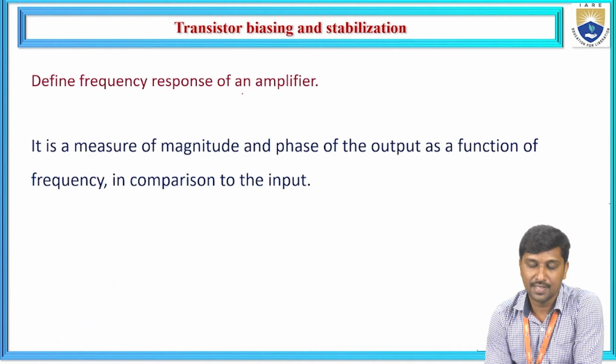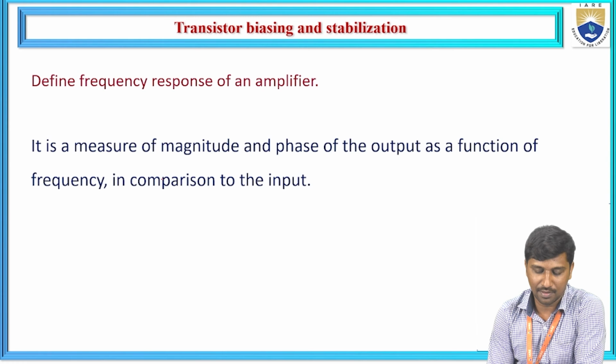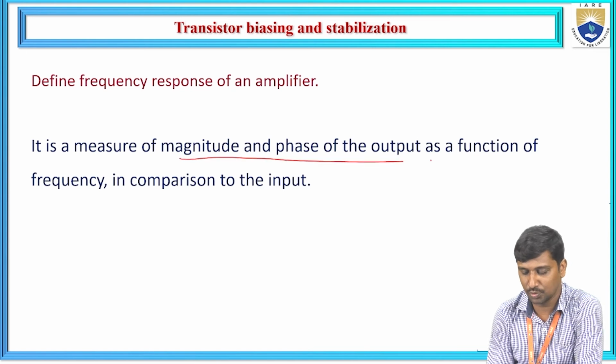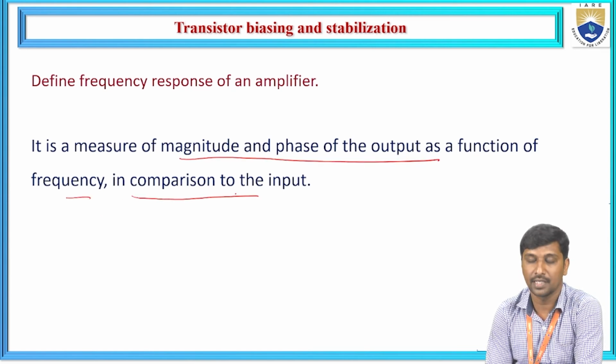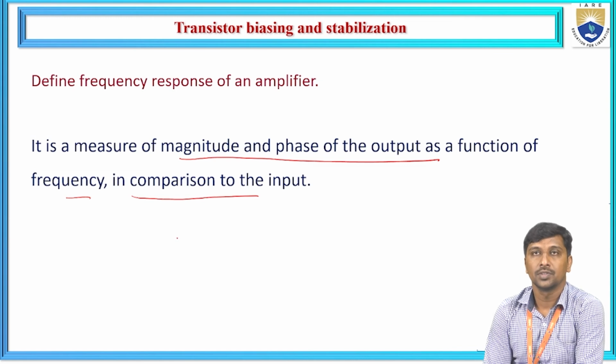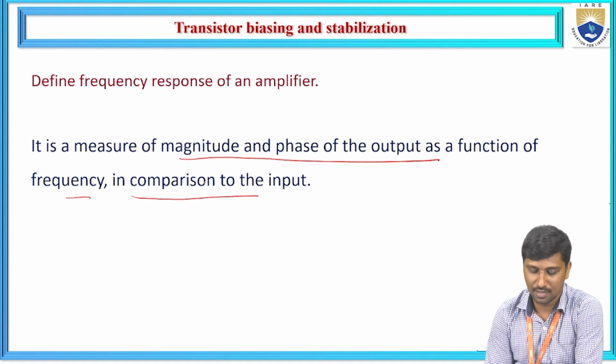Define frequency response of an amplifier. Frequency response means we plot a graph of the magnitude and phase of the output as a function of frequency in comparison to the input. We draw the graphical representation and use the frequency response to measure the magnitude as well as the phase.